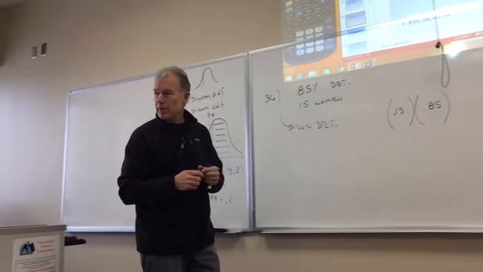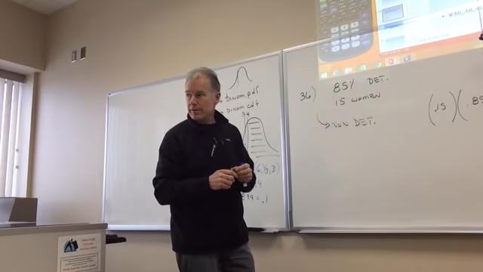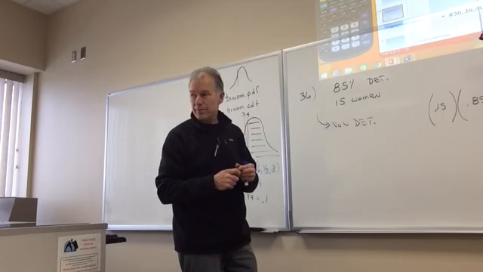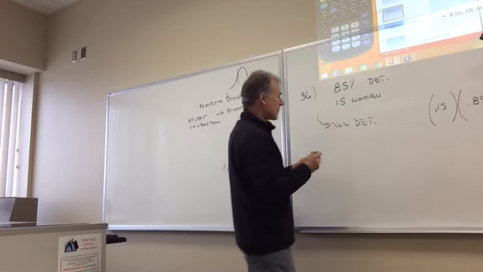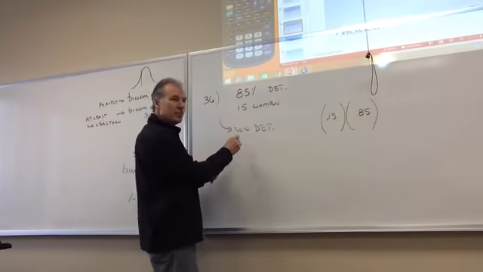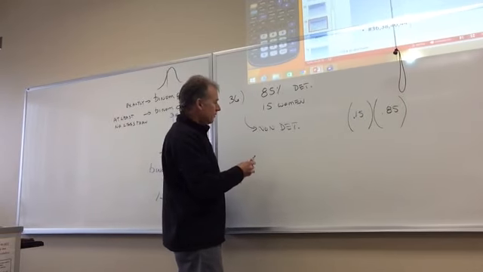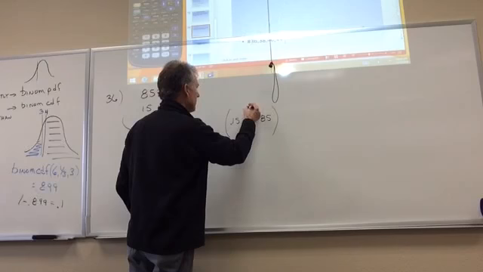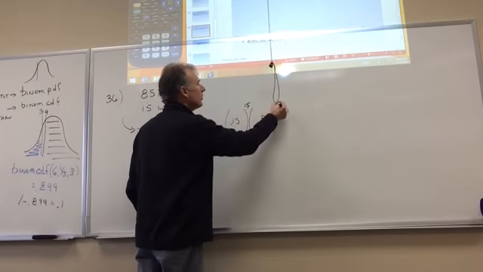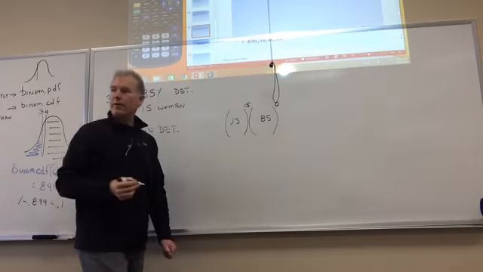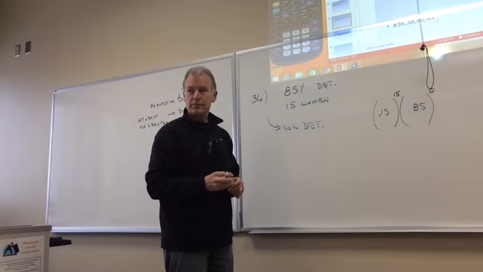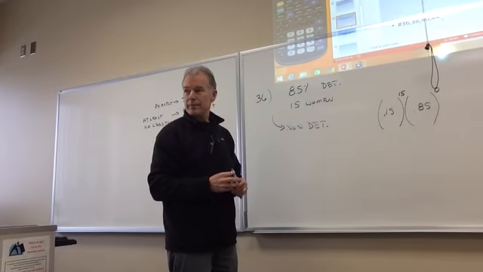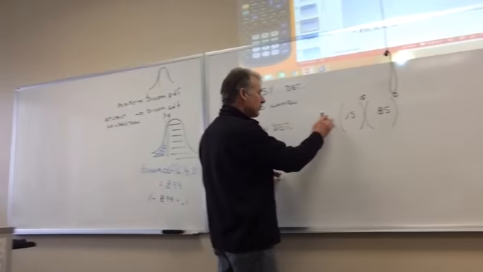So none are detectable, which means that we could say 15 are not detectable. We could do something like that, right? Good. And then what do we put in front?